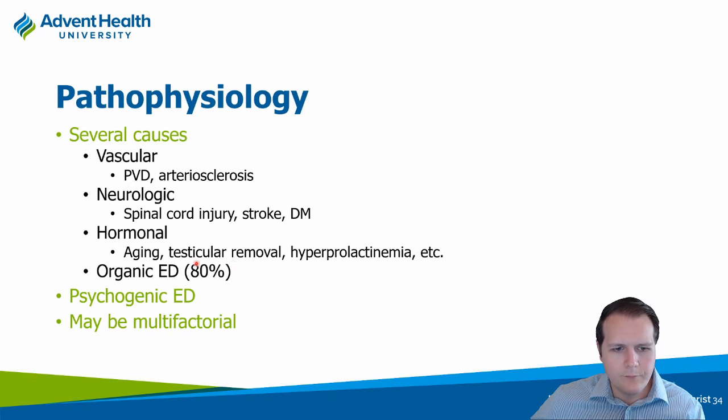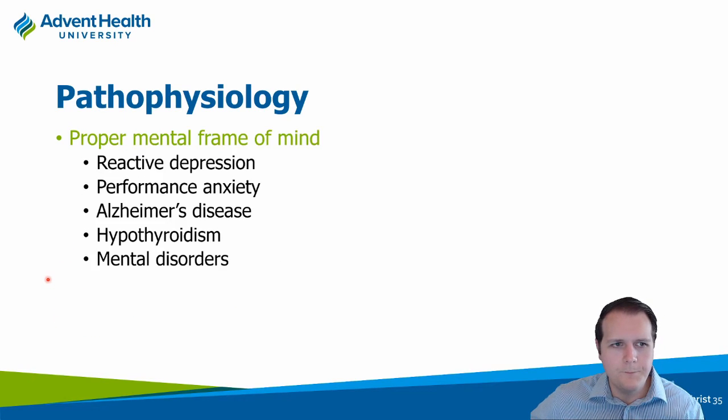There's also psychogenic erectile dysfunction, which may be related to things like anxiety or depression. Again, it's not going to be treated the same way as typical organic erectile dysfunction. And frequently, it could be multifactorial, with multiple things going on that you want to manage at the same time. So in terms of the proper frame of mind for these patients, things like depression or performance anxiety may inhibit the patient from being able to perform.